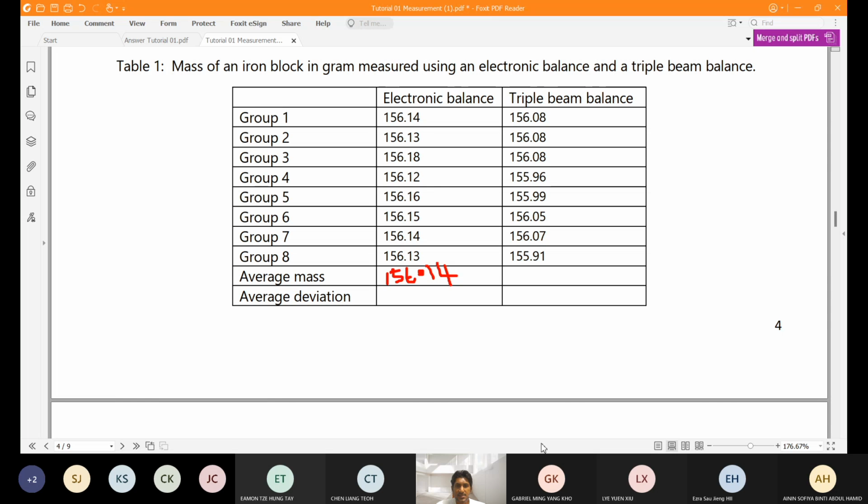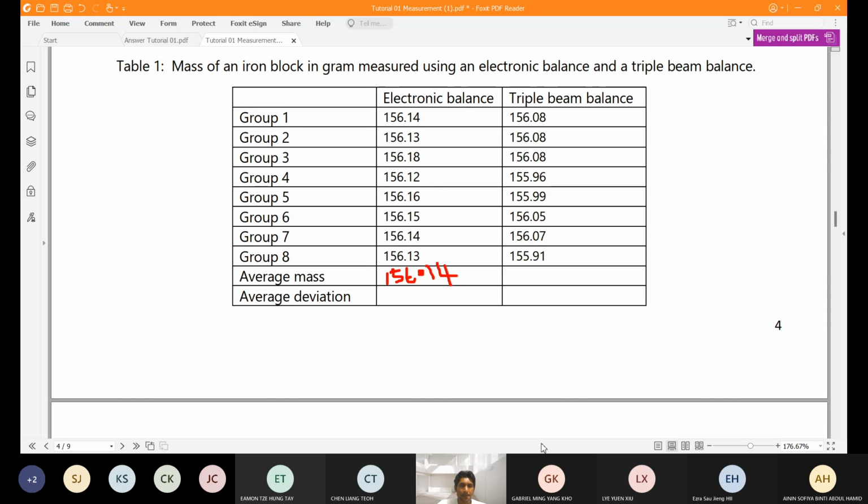So this is the total value, including the average deviation. So the tolerance, 0.06. So this will be the total measured value for that iron bar, sorry.